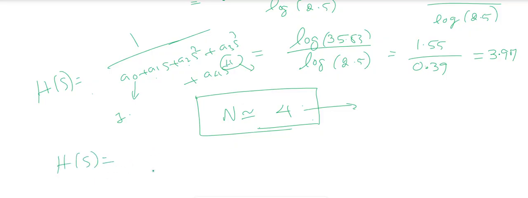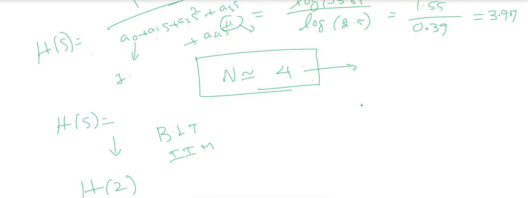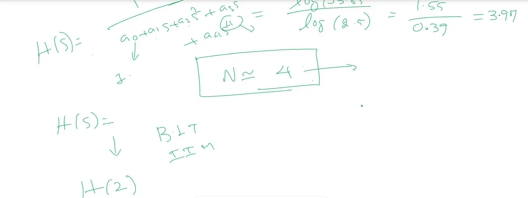Then convert this H of s into H of z, either by the bilinear transformation method or the impulse invariant method. Then realize the H of z. For a given frequency specification, for the analog to digital frequency conversion also, you can refer to the formulas. We'll take a complete problem from the specification.